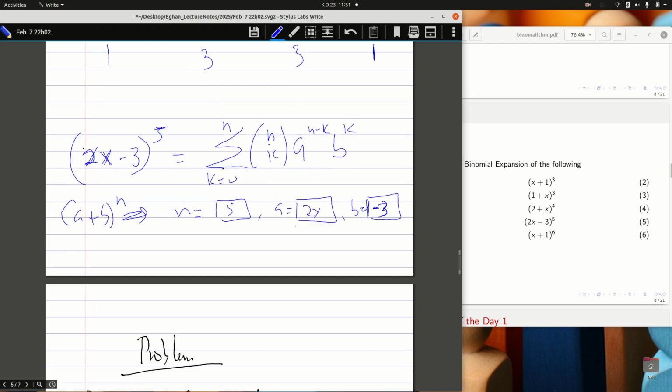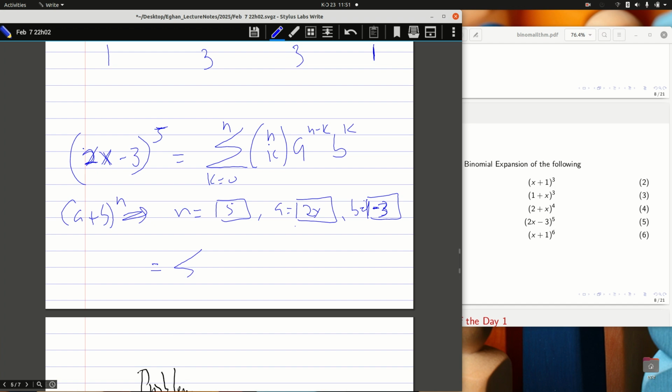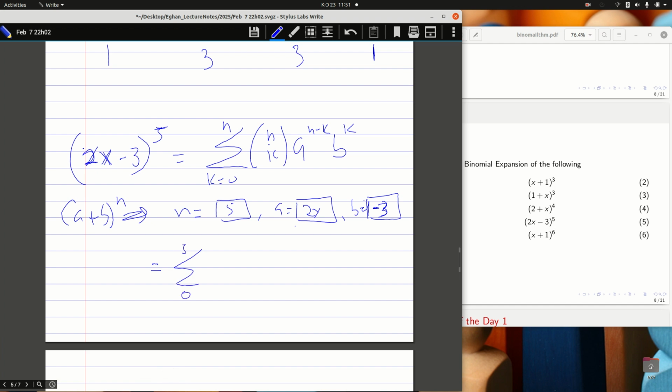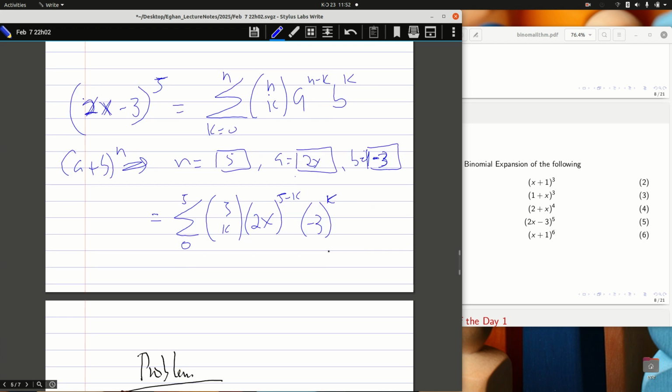This means I'm supposed to get expansion of this form. Summation 0 to 5, 5Ck, 2x to the power 5 minus k, times b, which is negative 3 to the power k. That's how the expansion would be. I'll go to the first few terms.